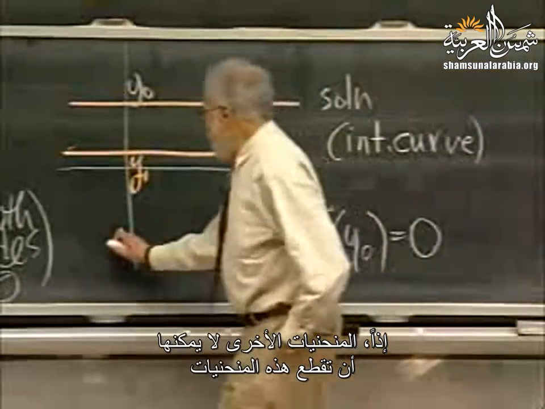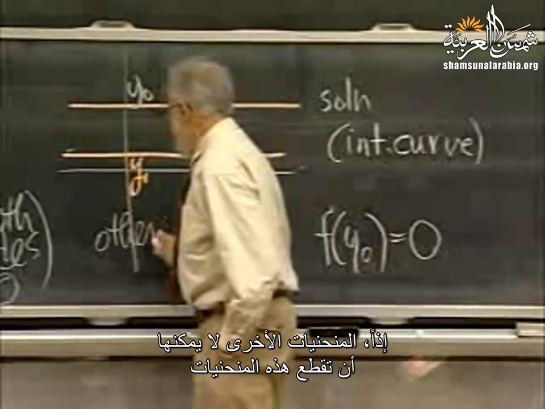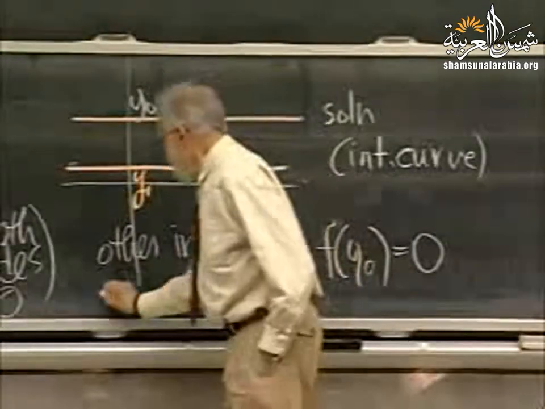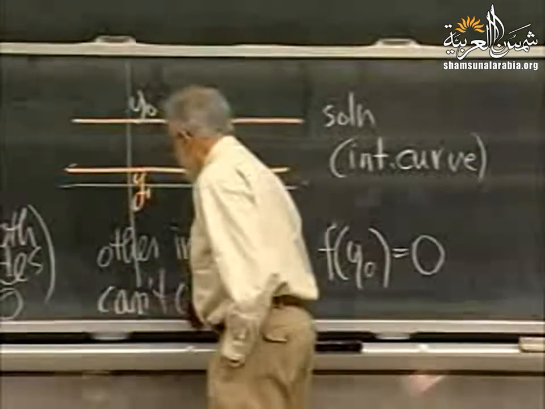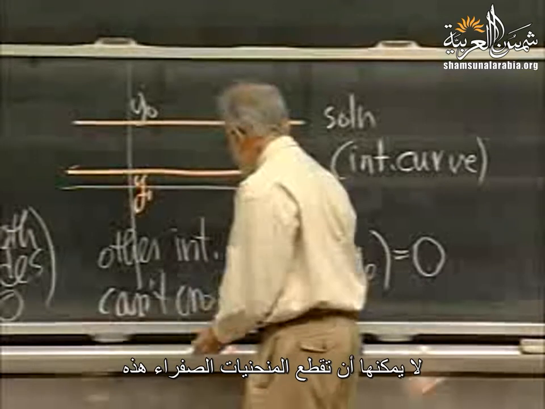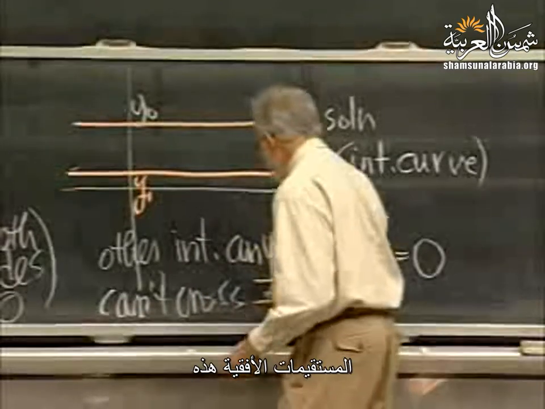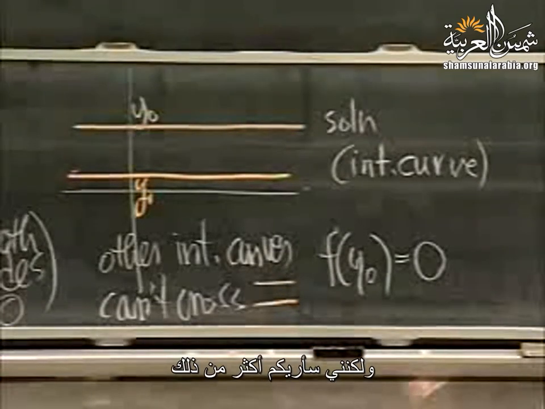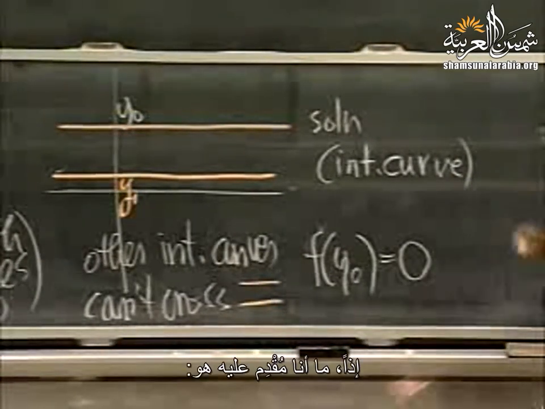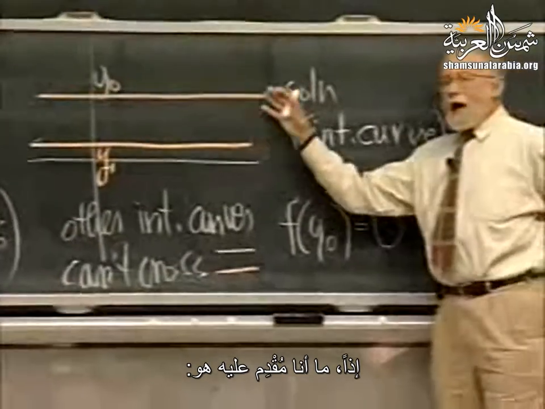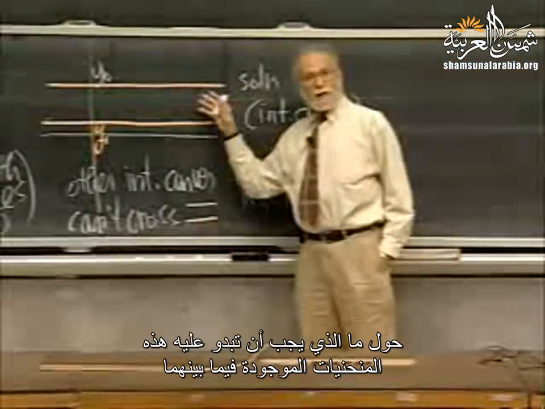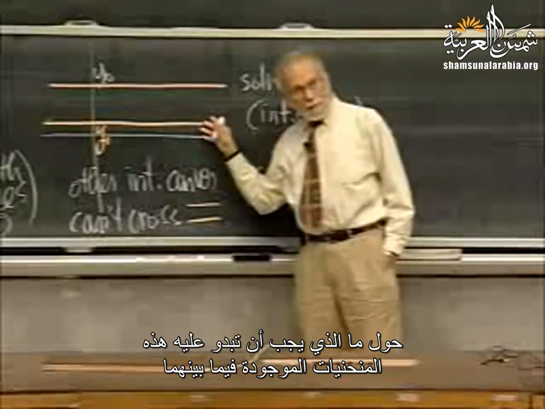So other integral curves can't cross these yellow lines, these horizontal lines. But I'm going to show you more. Namely, what I'm after is deciding, without solving the equation, what those curves must look like in between.